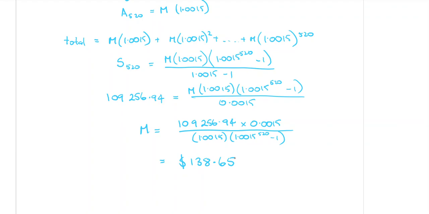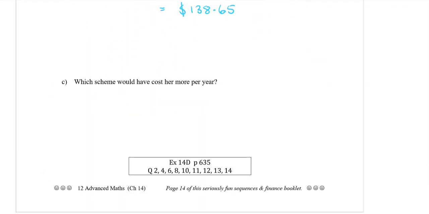All right, we're not done. There's one more bit. Which scheme would have cost her more per year? So in Part A, Charmaine had $600 that she was putting in monthly. If we times that by 12, she is paying $7,200 per year.